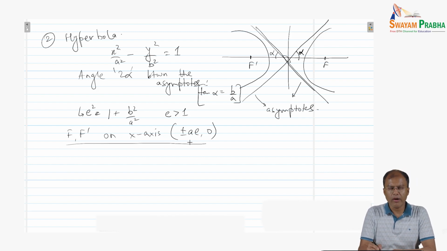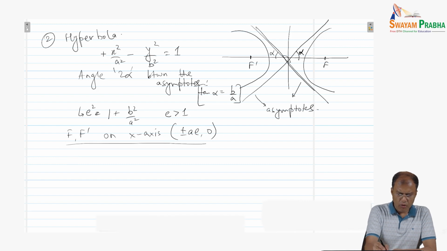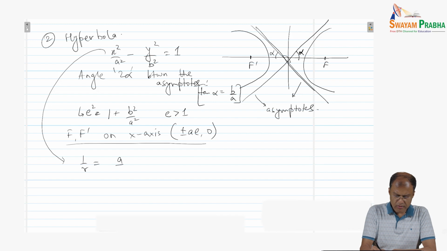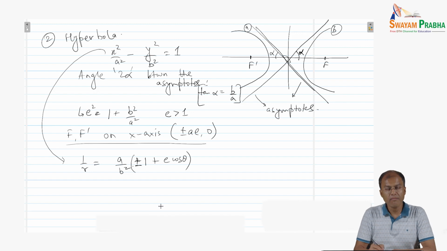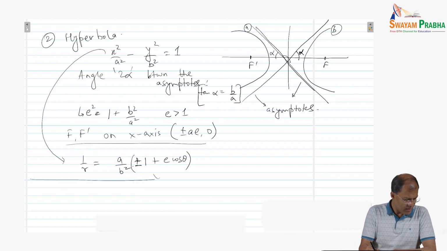My equation in polar coordinates I can rewrite as 1 over r equals a by b squared times 1 plus or minus e cos theta. Remember, there are two branches here. Let me call them branch A and branch B. For the two branches we have two different equations given by this plus and minus. So plus and minus gives us the two branches of the hyperbola.